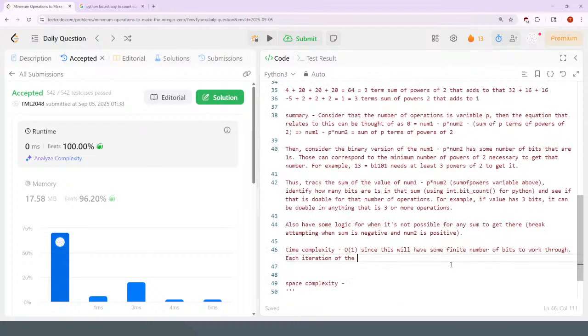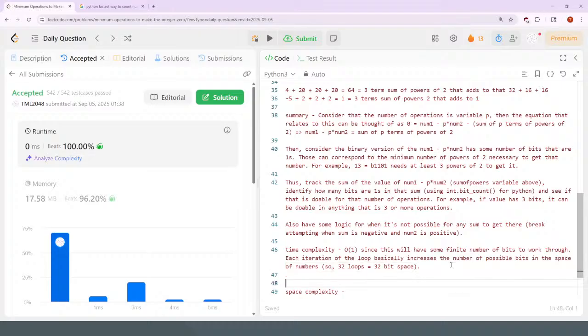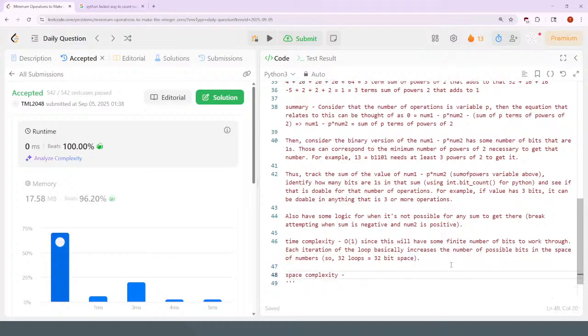Each iteration of the loop basically increases the number of possible bits to compare to in the space of numbers. So 32 loops equals 32-bit space. So it's very finite. O(1) for space complexity, as no additional space is needed.